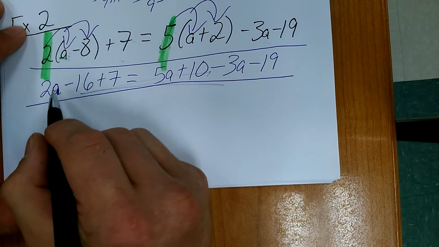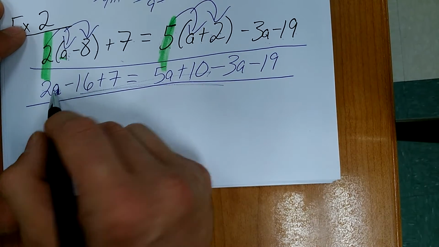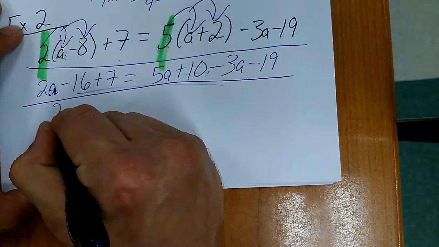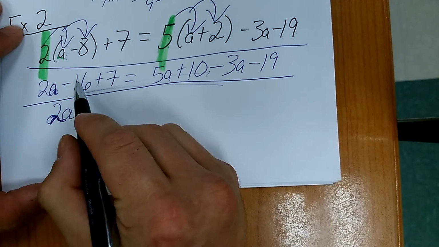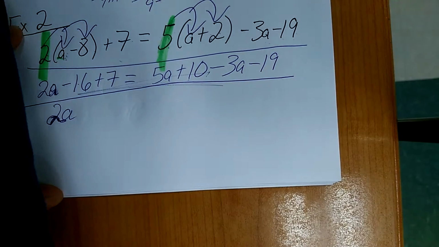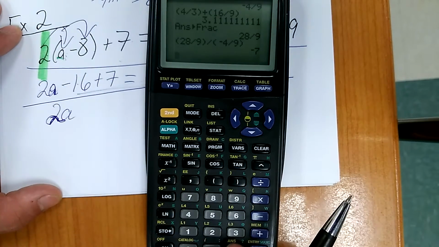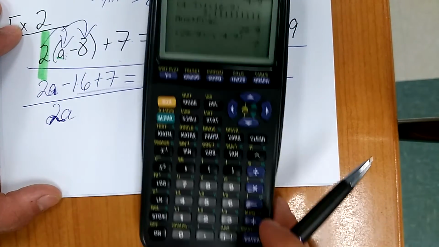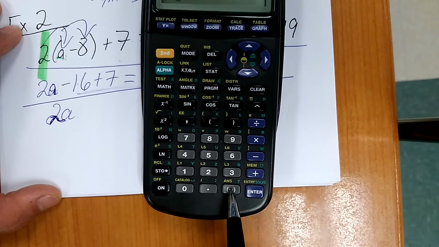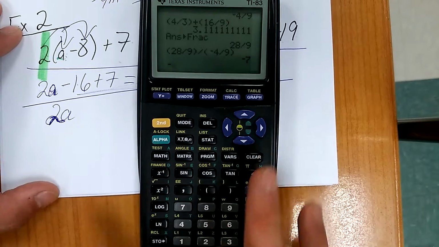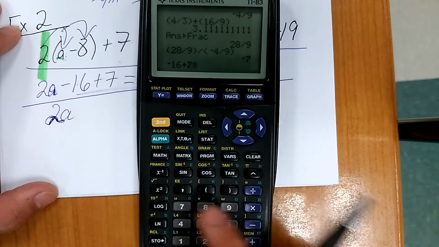Now on the left-hand side, I only have one variable term of 2a. There's nothing else I can combine with this 2a, so I'm going to bring it down here. Now -16 plus 7, and just to show you in your calculator, the way you would type this would be negative, 16 plus 7.